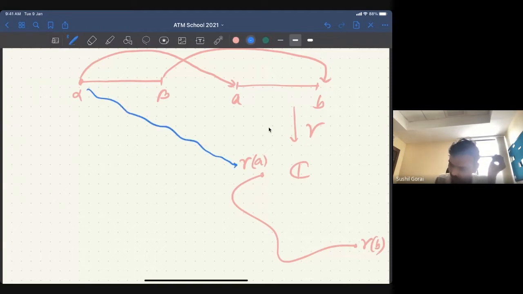If you look at this composition and call it sigma, then this one would be sigma of alpha, and this one would be sigma of beta.